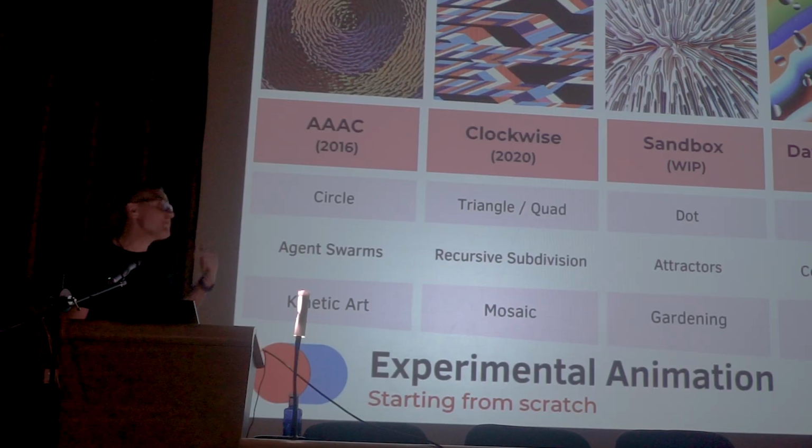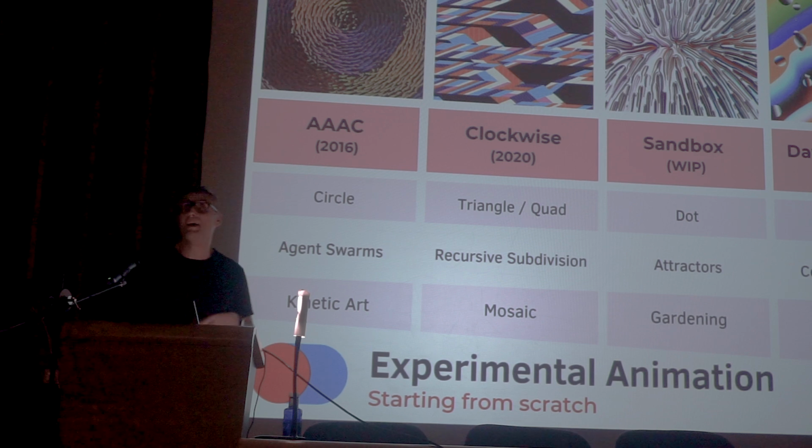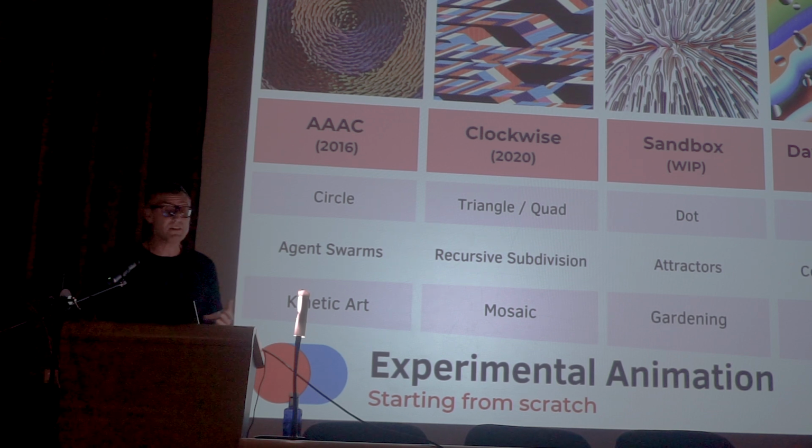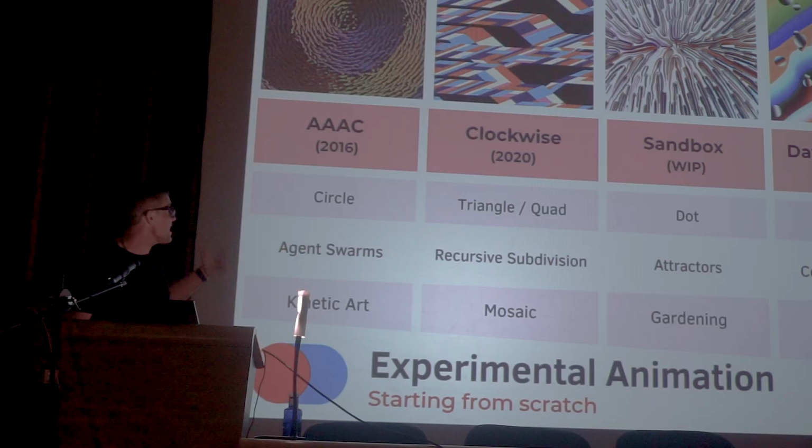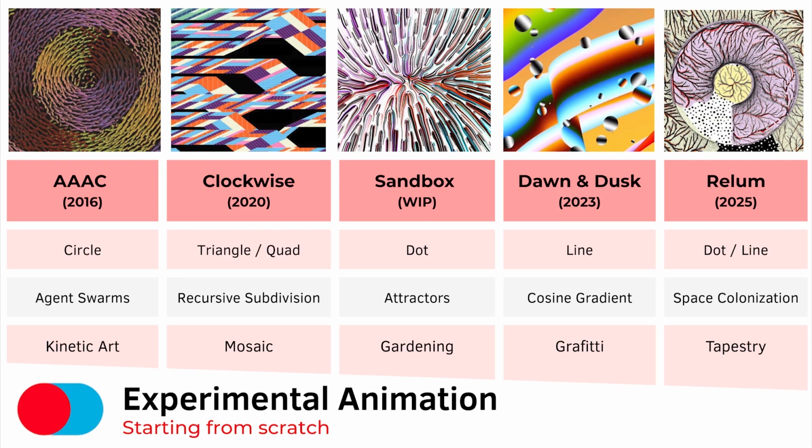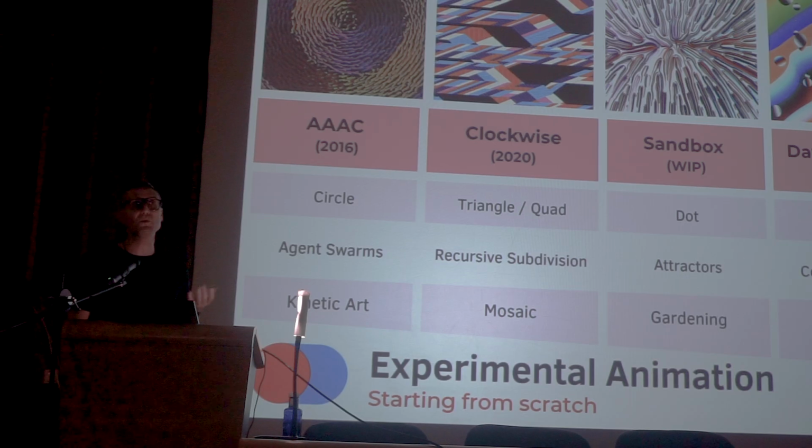In every project, I develop and research different algorithms: agents, recursive subdivision, attractors, cosine gradients, or space colonization algorithms. It's previous research, and then when you are happy with the outputs, the parameters and the choices of the system, of the simulation, you can produce the final output.